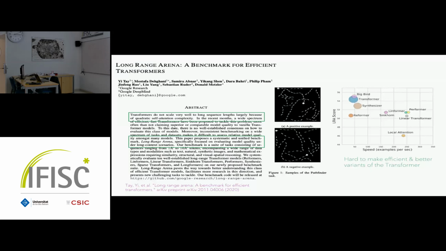In this case, they are not connected, so negative. What they found was that it was very hard to find a system that is more efficient but better than transformers in the pool of these Long Range Arena tasks. You can see here the speed against the score. You can have higher speed, but the score is almost always lower than that of transformers.